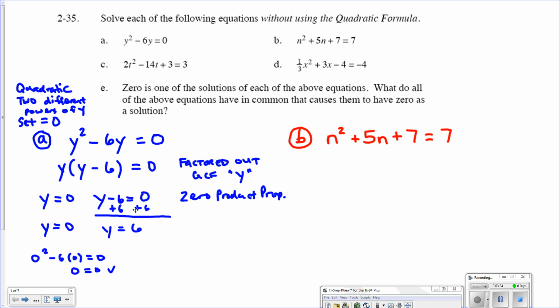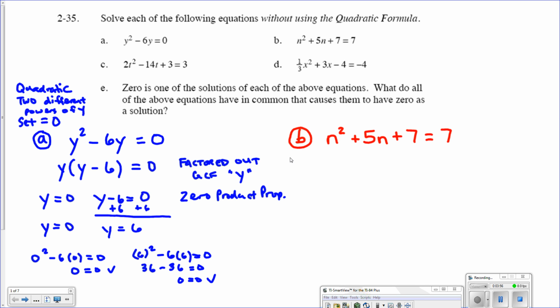And if we plug in 6, we've got 6 squared minus 6 times 6 should equal 0. 6 squared is 36, minus 36 gives us 0 equals 0.